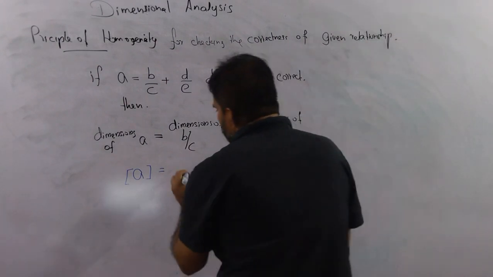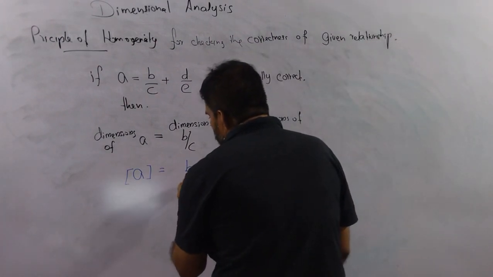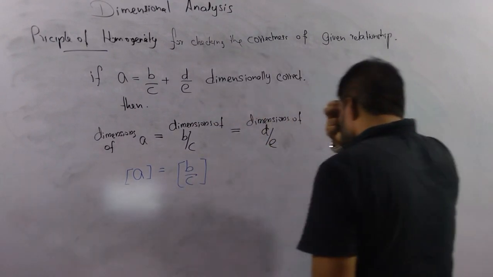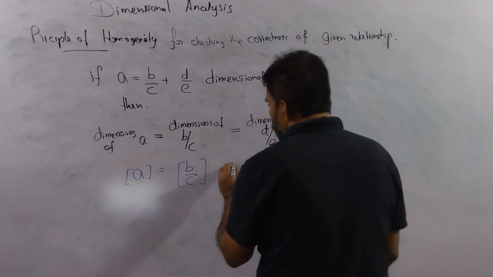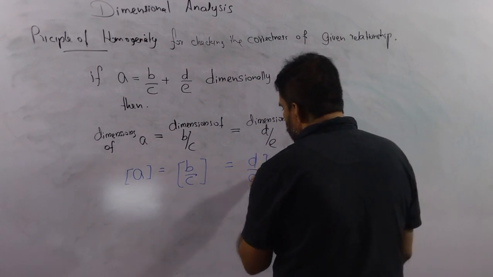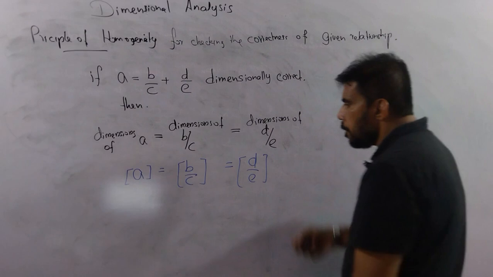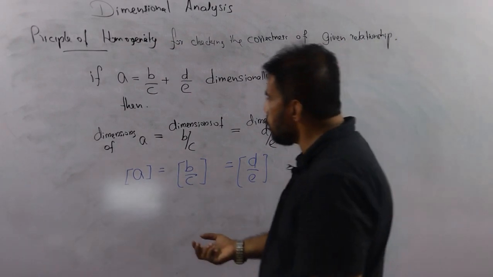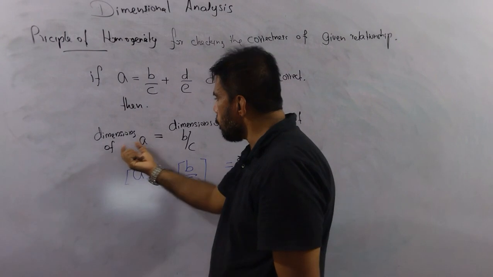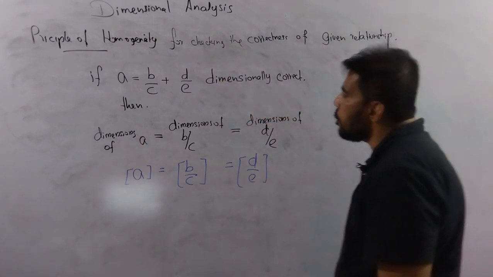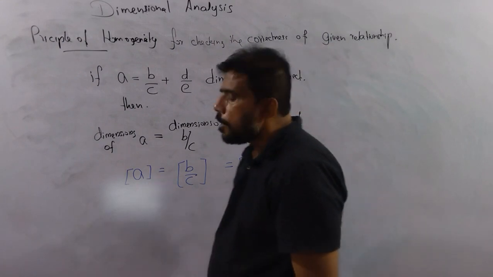Then I can write [B over C] dimensionally, and next [D over E] dimensionally. In the next stages, when we do dimensional analysis, we just use this symbol to say we are considering the dimensions.